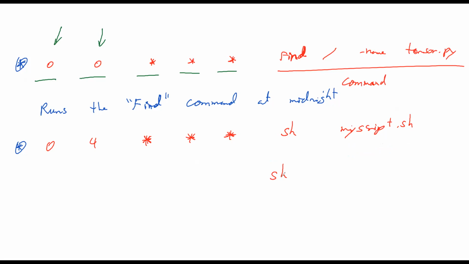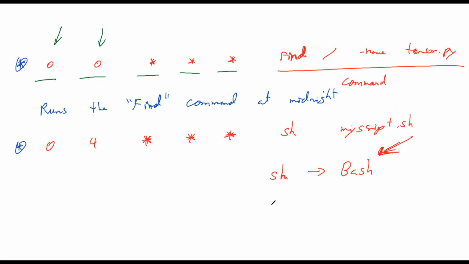sh is actually what is called in Linux a symbolic link, which basically means it is itself a file, but it's actually pointing. It doesn't have data of its own. It actually points to something called bash or dash. This is actually a very important program we also need to talk about.